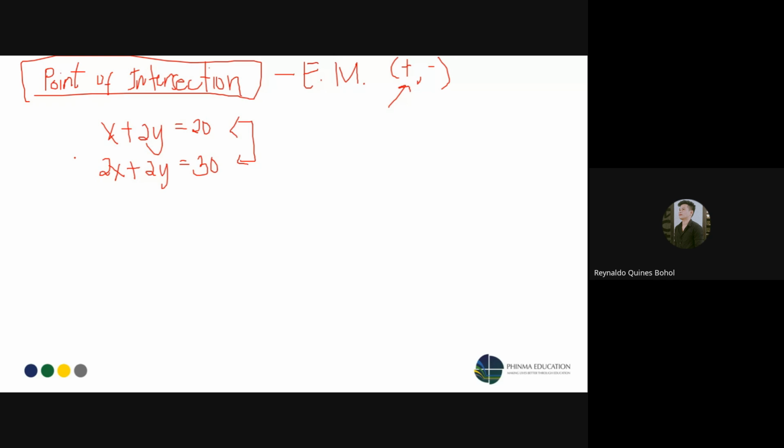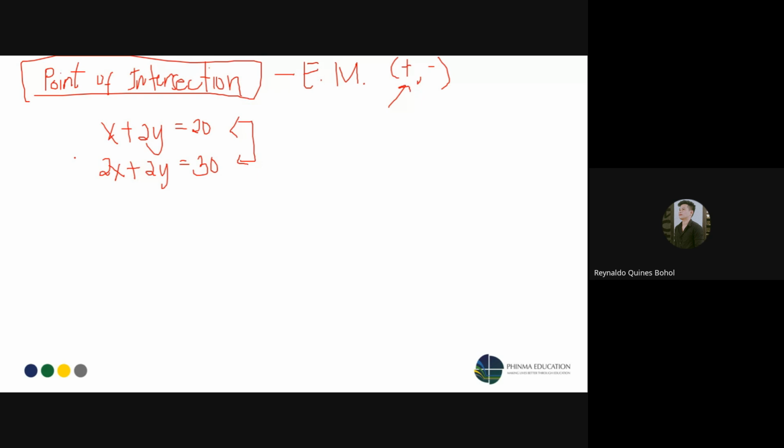Hello? Is it plus or minus? Type your answer, guys. What is the operation that we are going to use if we have this equation?